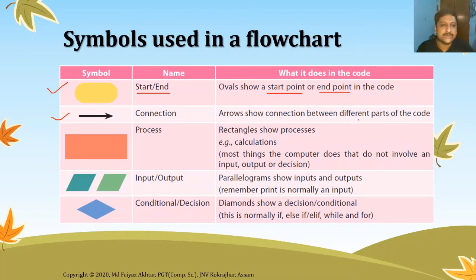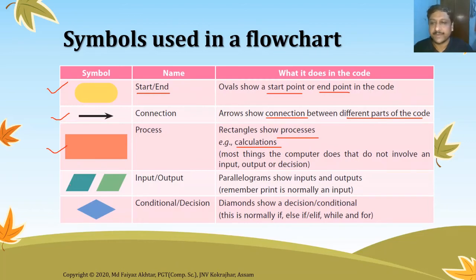Arrows show connections between different parts of the code. Now this is known as process. All the process formulas, computation or calculation work should go in the rectangle. Rectangles show processes, your calculations, most things the computer does that do not involve an input, output or decision.